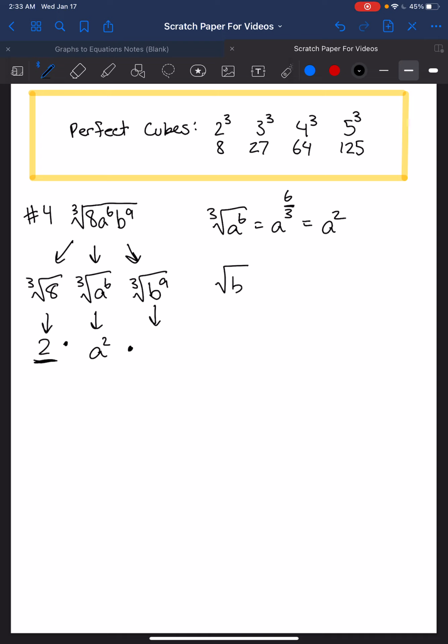B. Cube root of b to the 9th. Rewrite it as an exponent, fraction. In over out, 9 over 3. 9 over 3 is 3, so b cubed. Put it all together. 2a squared b cubed.